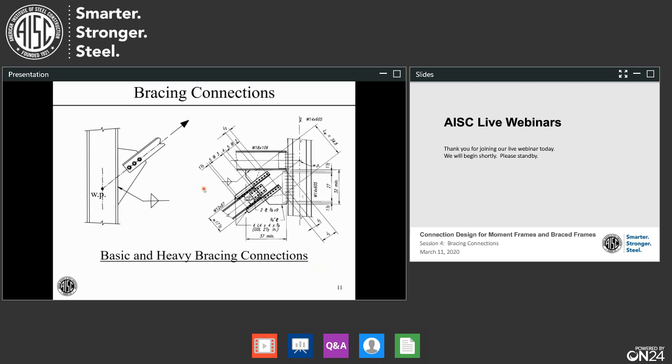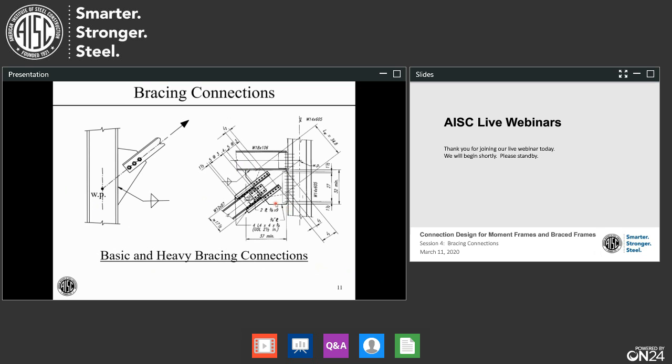By heavy bracing connections, I'm referring to connections such as this one, in which we have the brace coming into the corner that's made by a beam and a column. And usually what happens is that the geometry is such that we have a gusset plate that's connected to both the beam and the column, and we can have some pretty enormous loads in these connections.